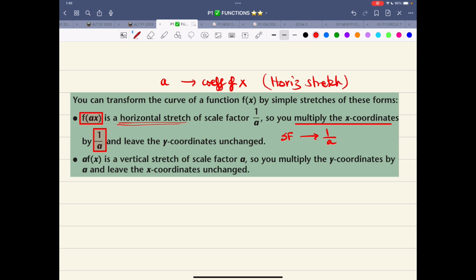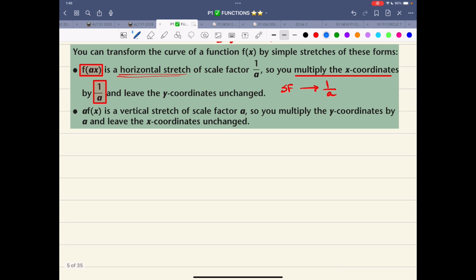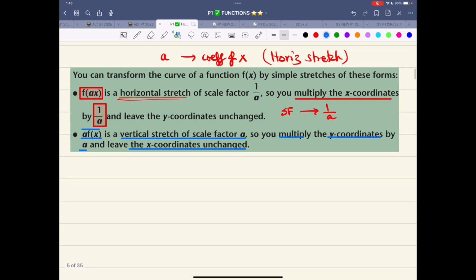All good, all clear? So now when I'm talking about a vertical stretch of scale factor a, you multiply the y coordinate by a and leave the x coordinate unchanged. This is a of f(x). Let me also highlight over here using the red marker. It's a horizontal stretch, scale factor is 1 over a.